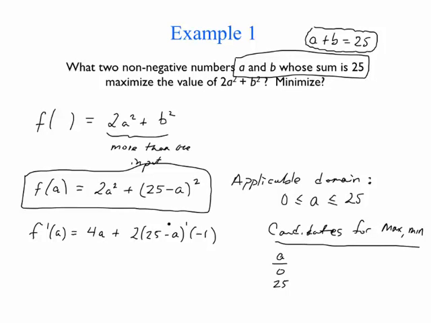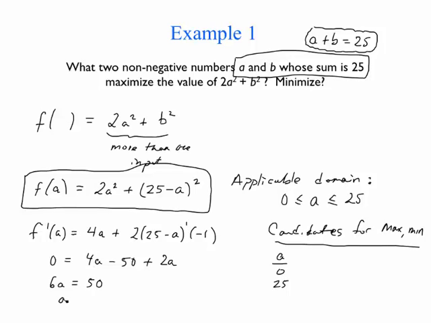Okay, and what are we going to do with that? Looking for critical values, where our function is going to pause at a high point or a low point. So it equals 0. So we're going to have 4A minus 50 plus 2A, so 6A equals 50.